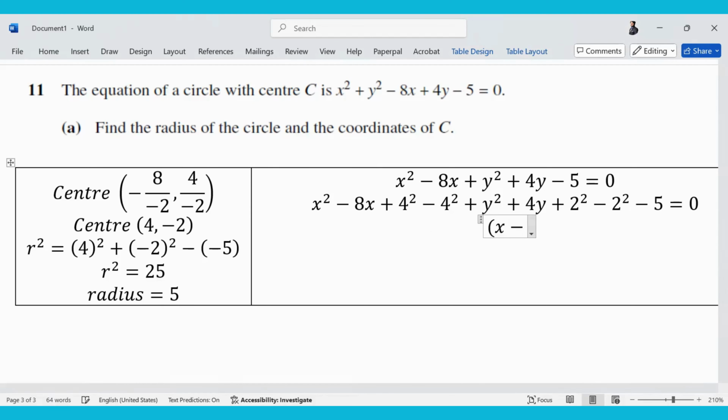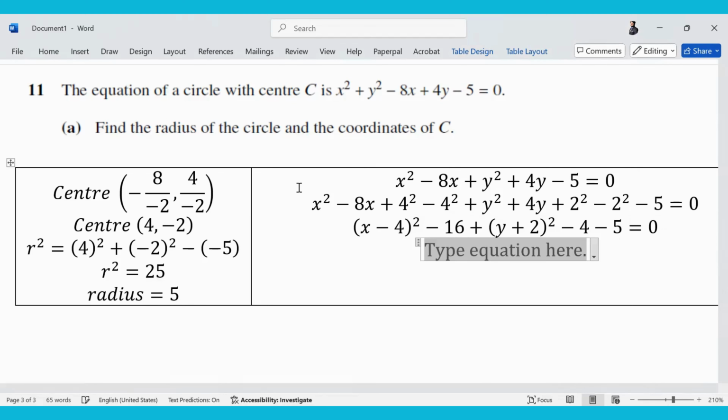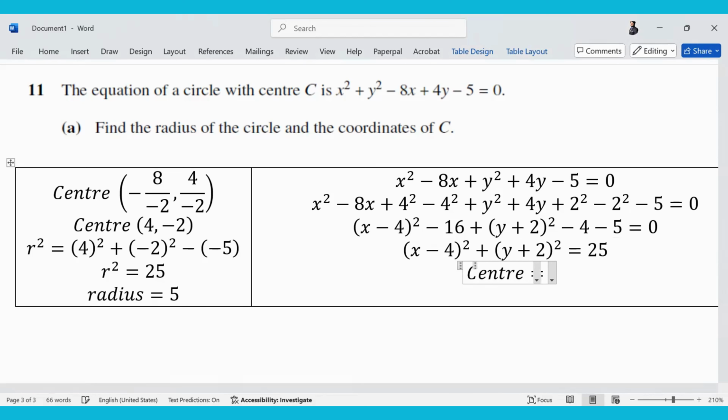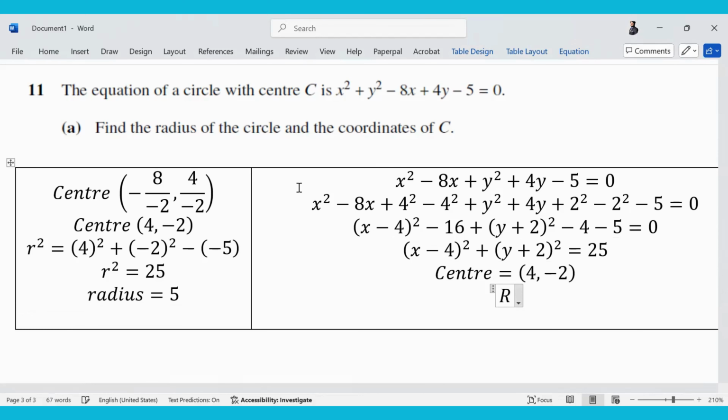So (x minus 4) whole square minus 16 plus (y plus 2) whole square minus 4 minus 5 is equal to 0. (x minus 4) whole square plus (y plus 2) whole square is equal to 25, and then you can figure out your center is (4, -2) and radius is 5. Yes, two methods of approaching the same question.